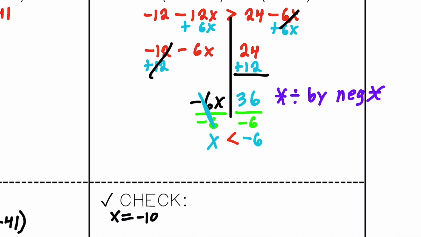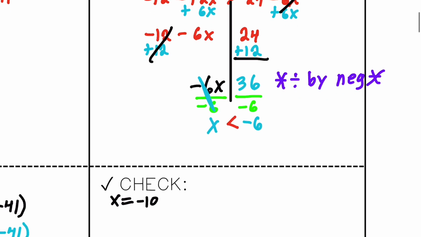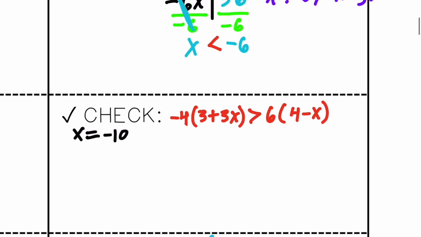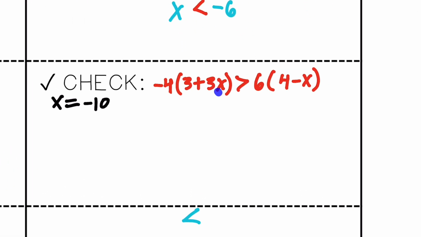All right, let's take a look. So negative 4, parentheses 3. So let me rewrite this here. So negative 4, parentheses 3 plus 3 times x is greater than 6, parentheses 4 minus x. Okay, so we are replacing these x's with a negative 10.